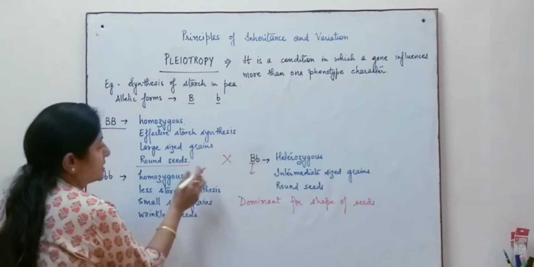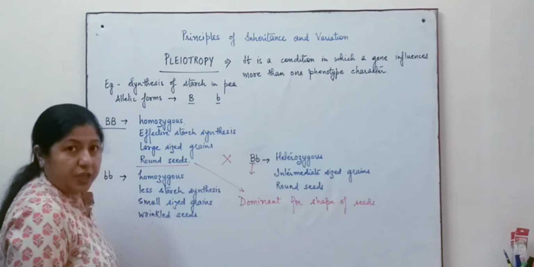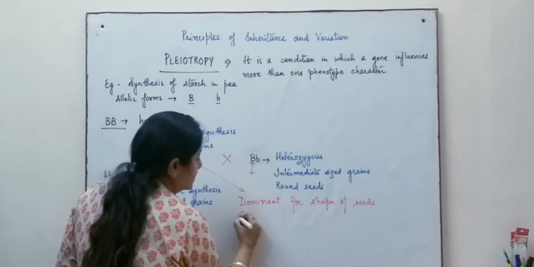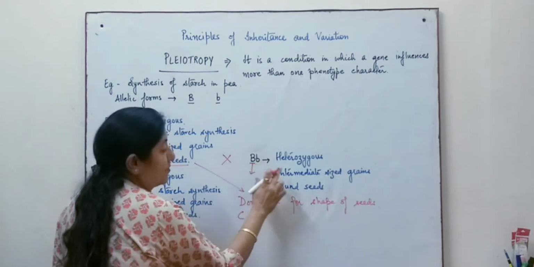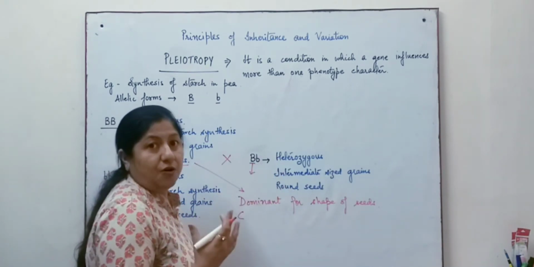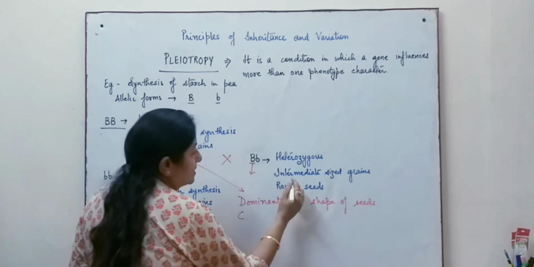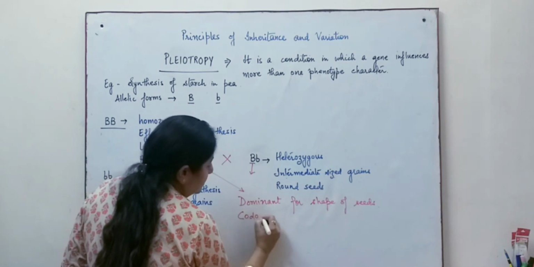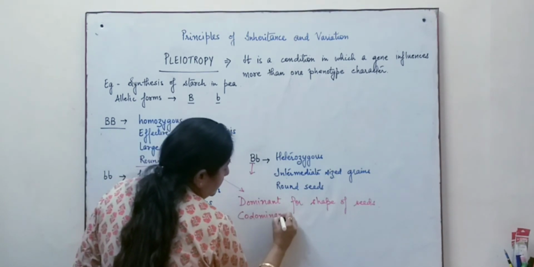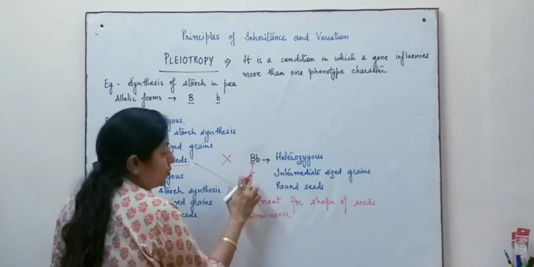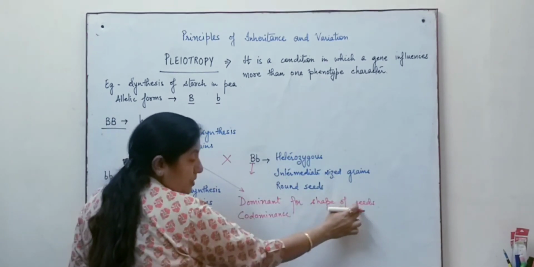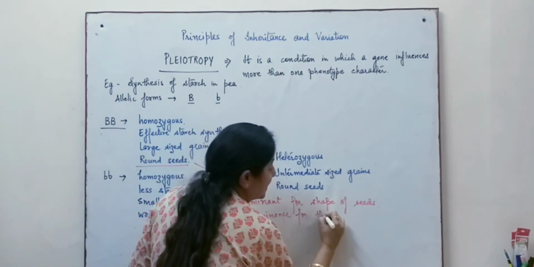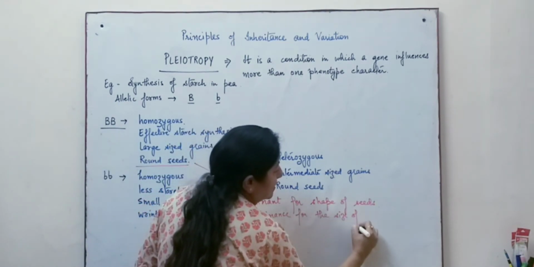So here it is dominant for the shape of the seeds, but in heterozygous condition it is unable to express itself or regulate the size of the grain. So here as a result the intermediate size grains are produced. So codominant, the B gene, which is a dominant gene, is showing dominance for the shape of the seed, but it is codominance for the size of the grains.